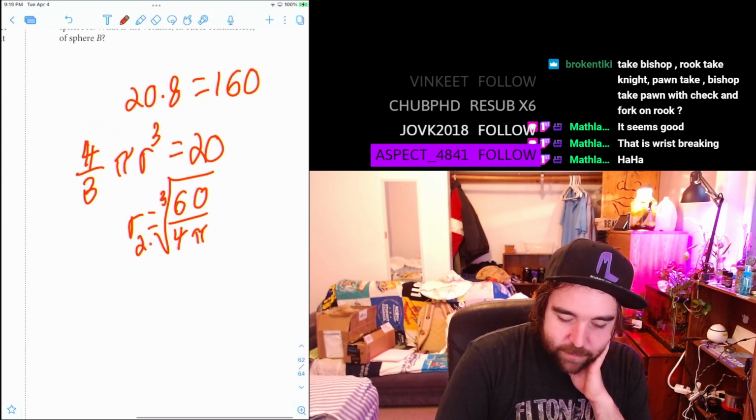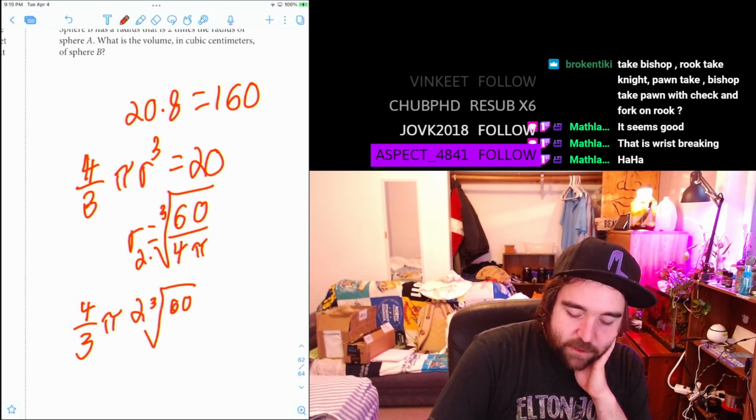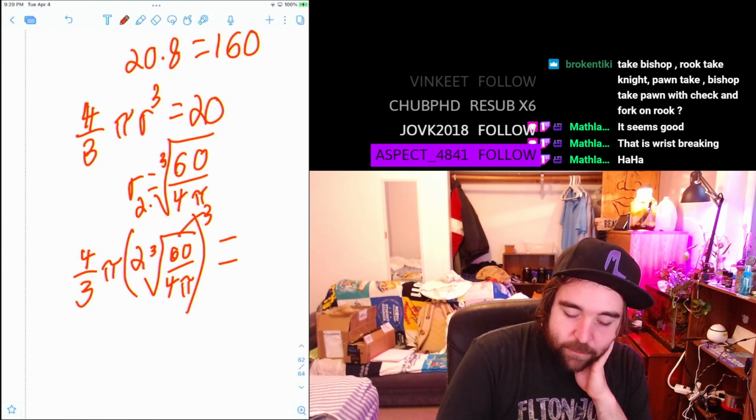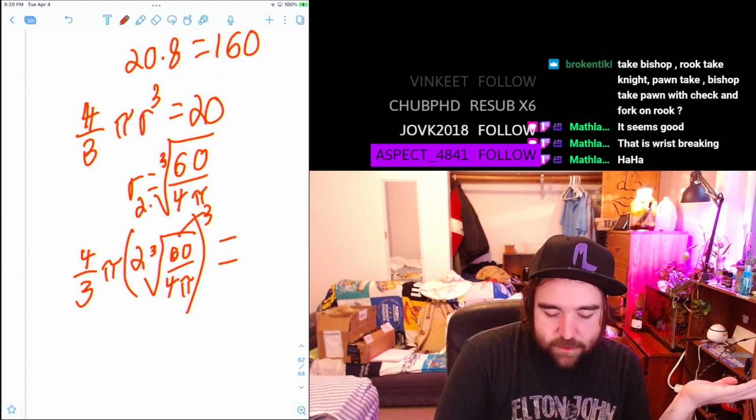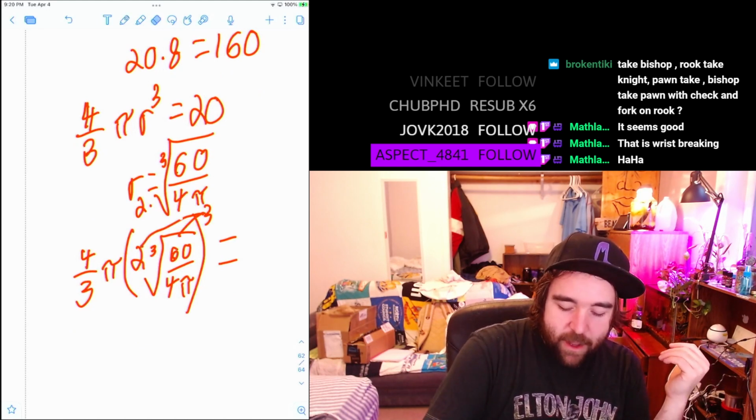So what we should really be looking at here is 4/3 pi times 2 times the cube root of 60 over 4 pi, cubed. But look how the entire idea is when we cube this, we're just going to get back to our 60 over 4 pi, like our old radius. And when we cube the 2, it's just going to be multiplied by 8.